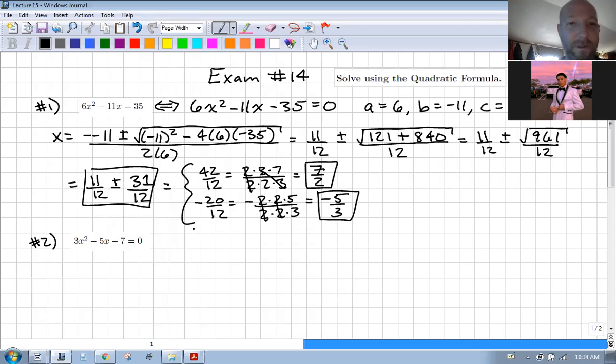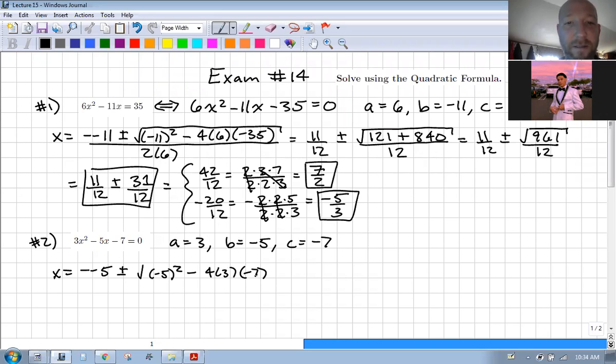All right, let's look at number 2 then. This is already in standard form, so we see that A is 3, B is negative 5, and C is negative 7. So X is negative B plus or minus the square root B squared minus 4AC all over 2A.